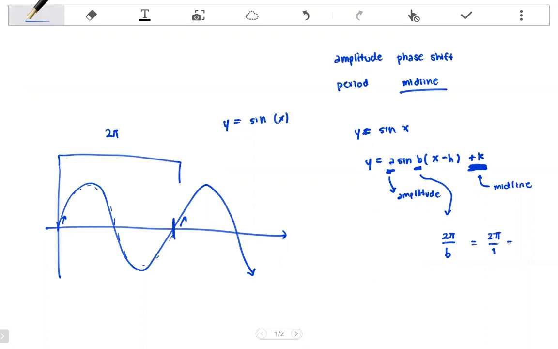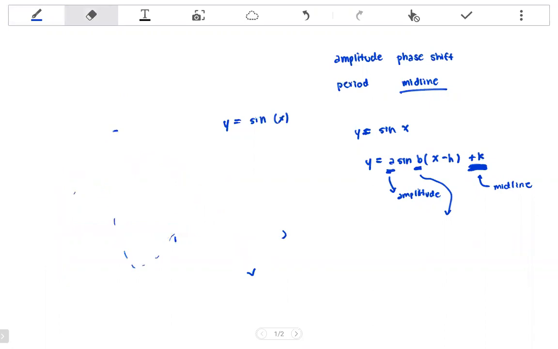That's our period, 2 pi, for a normal sine graph. 2 pi is our frequency, which means things happen the same over and over again in a period of 2 pi. So we figured out what period is then. Period is this, 2 pi over b, okay?